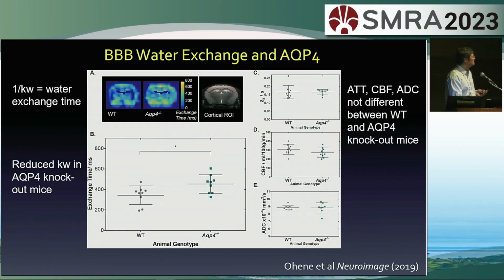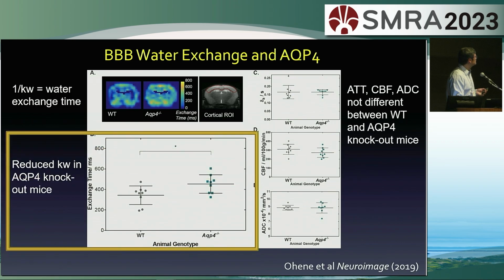Mechanism-wise, this was studied by a group at UCL, led by Dr. Jack Wells. They used 2 mouse models: one wild type and one AQP4 knockout. They used a slightly different technique, multi-TE ASL. They measured that the exchange time increased in AQP4 knockout mice.